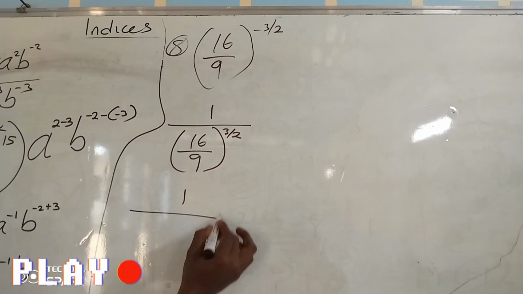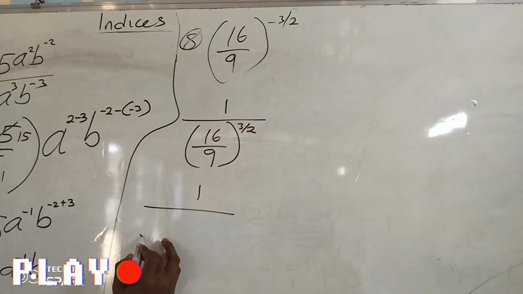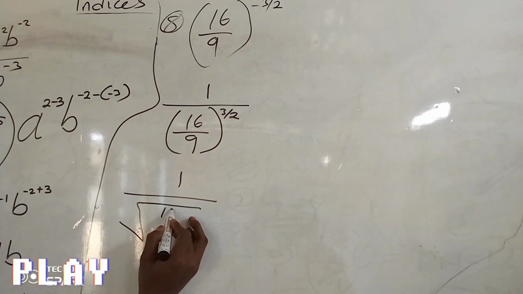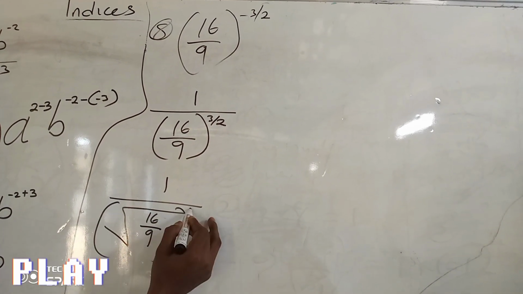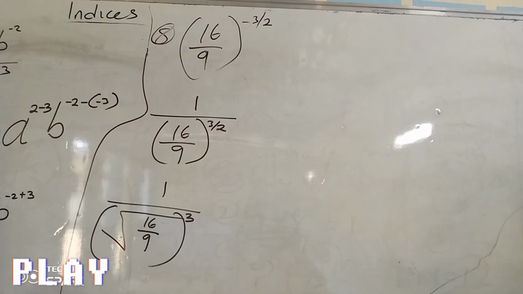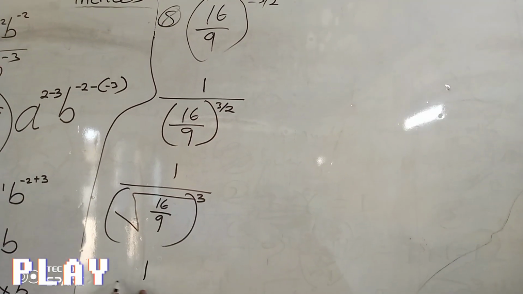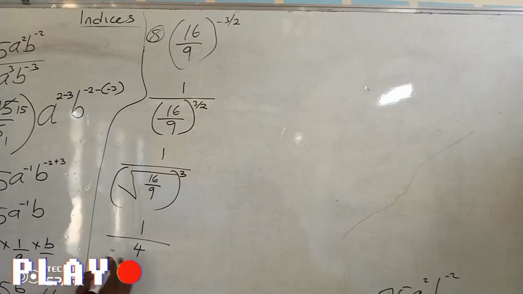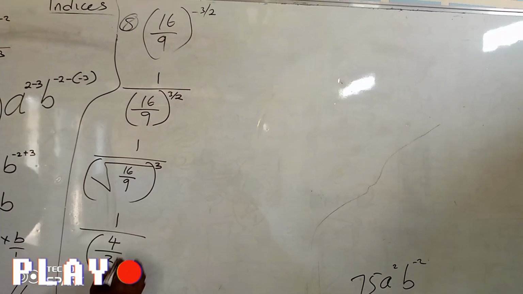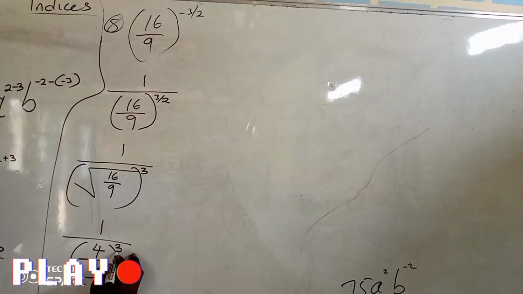Second step, the fractional law. That should give us the square root of 16 over 9 raised to the power of 3. Then we continue. The square root of 16 is 4, the square root of 9 is 3, all raised to the power of 3.